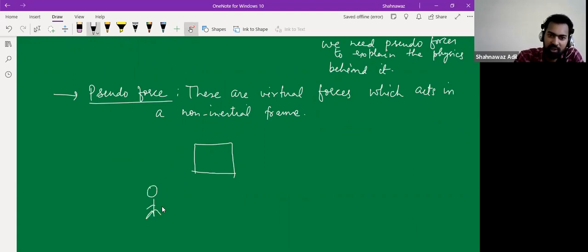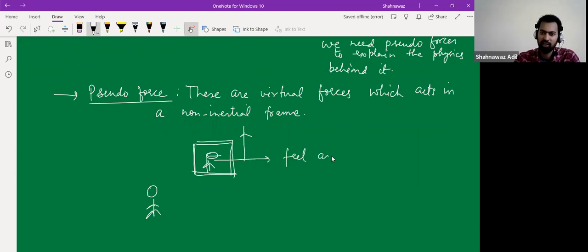The lift is moving and made of glass and somebody is standing there. So for this person, you see that the lift is moving.